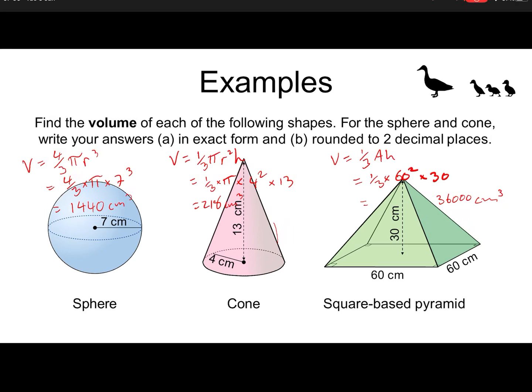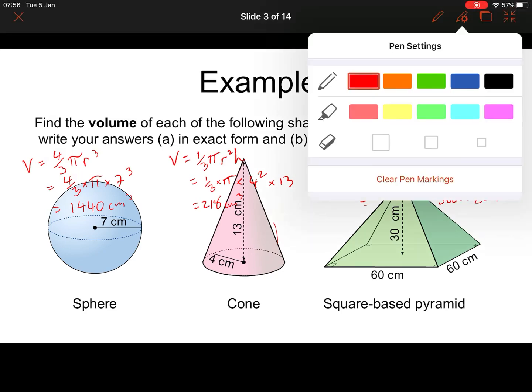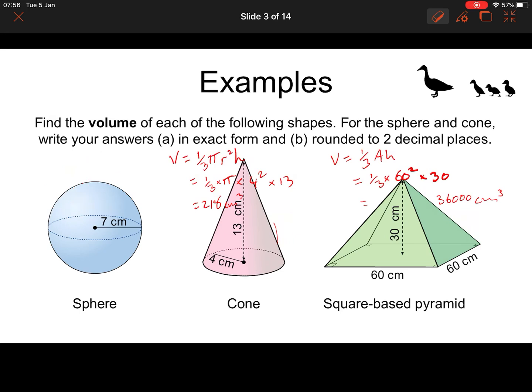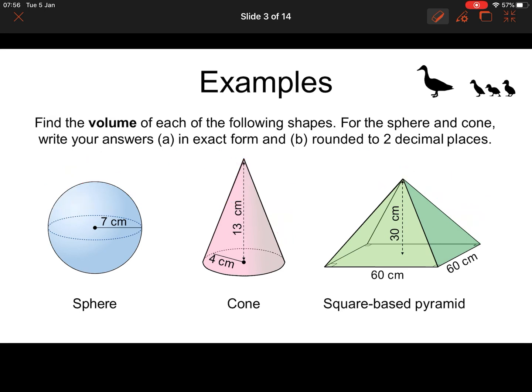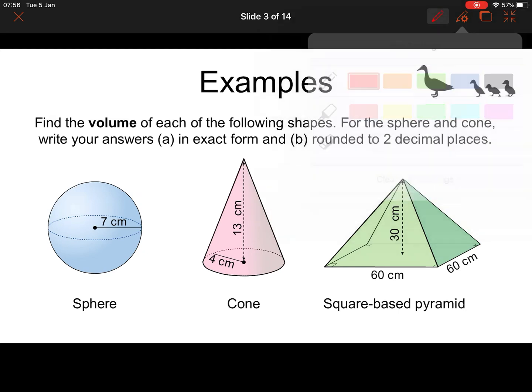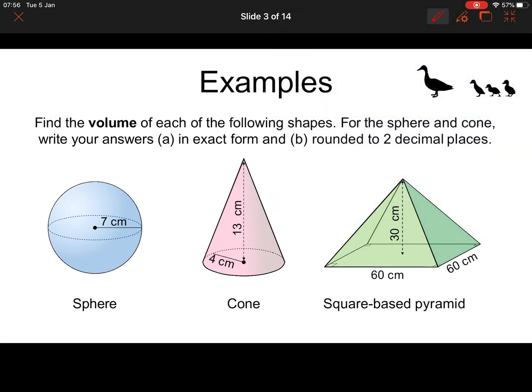Okay, so there is my answer. The volumes there are quite easy because all of the correct information has been given to you. Now, surface area, for some of them, can be a little bit more tricky. For the sphere, not really. Let's have a look at the formula.